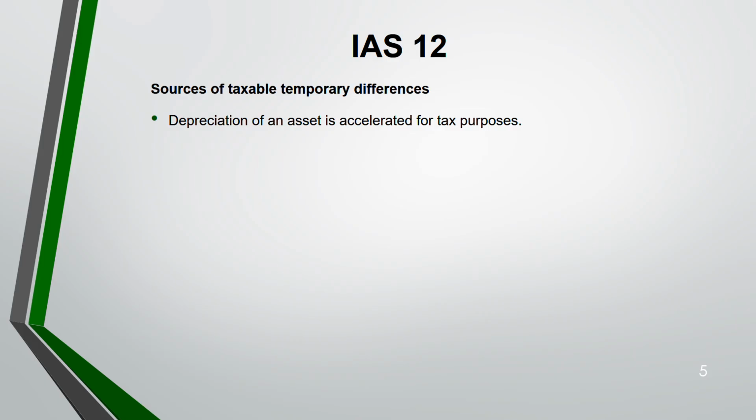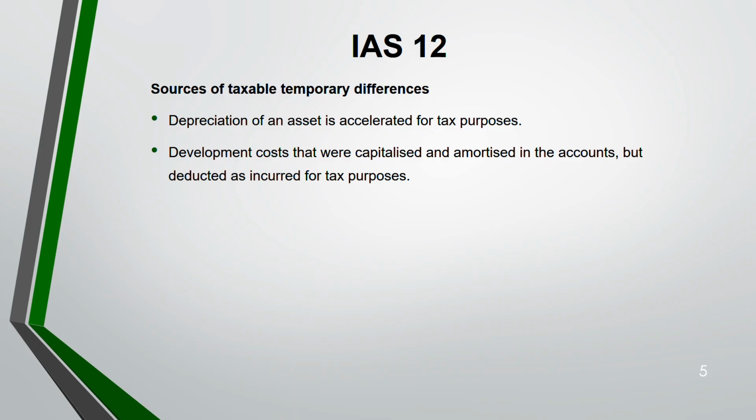So the lower your tax base, there will be a greater difference between the carrying amount and the tax base. So the lower the tax base, the carrying amount is more. That means the temporary difference is taxable.